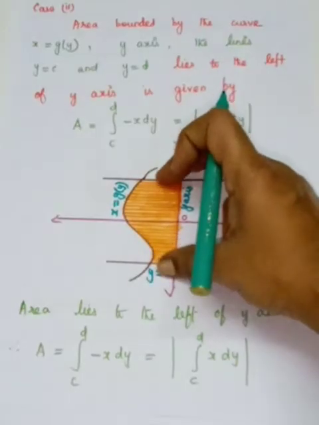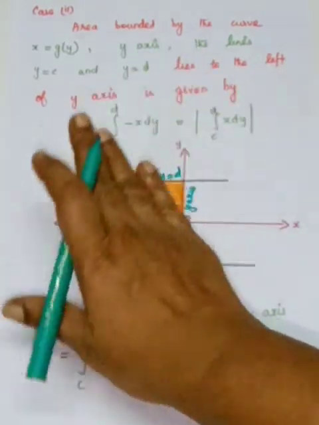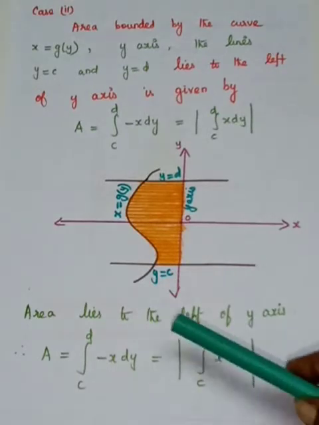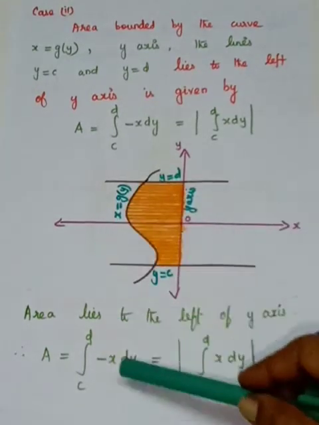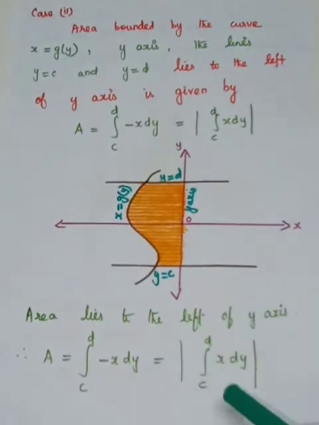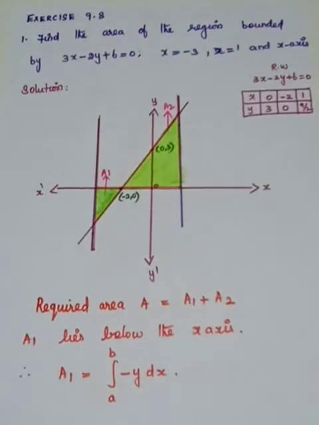So this region lies to the left of the y-axis, which means your area is the integral from c to d of minus x dy. Otherwise you have to write the modulus of the integral from c to d of x dy. Okay, so these are the four cases you have in area.